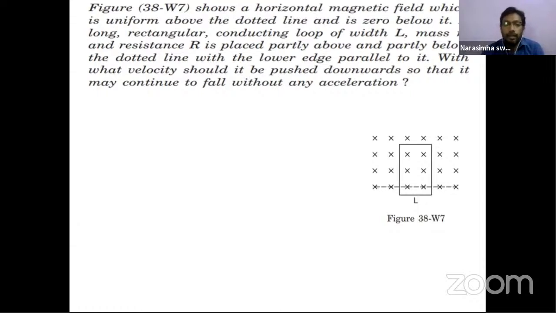Observe this: a dotted line is here, and a long rectangular conducting loop of width L, mass M and resistance R is placed partly above and partly below the dotted line, with the lower edge parallel to it.